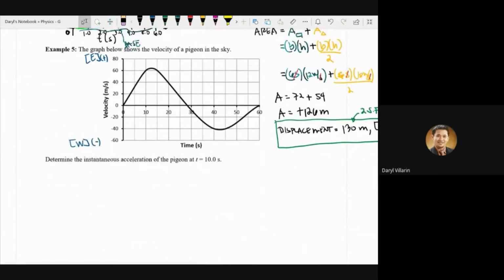So I'm going to get the instantaneous acceleration at 10 seconds. Okay. And if you remember, the instantaneous acceleration is the slope of the tangent line, in this case at t equals 10 seconds.